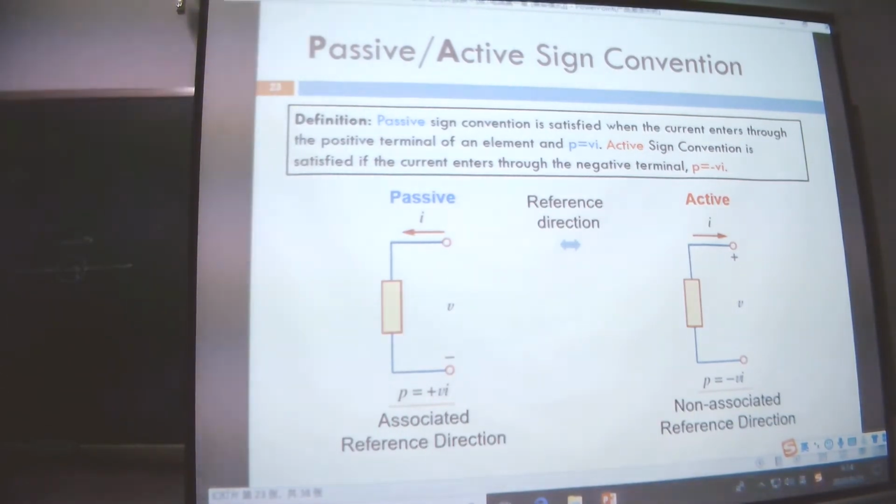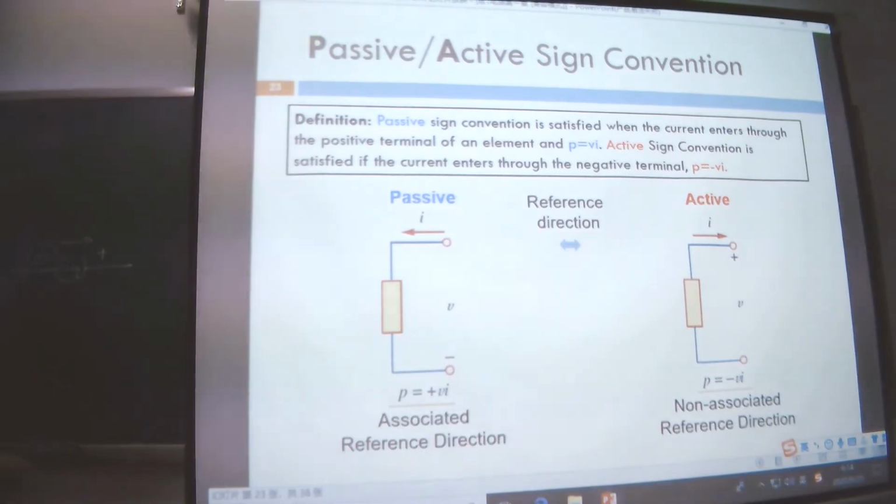So, the reference direction of U should be like this, because this one is the active element. So, the reference direction is the active sign convention.